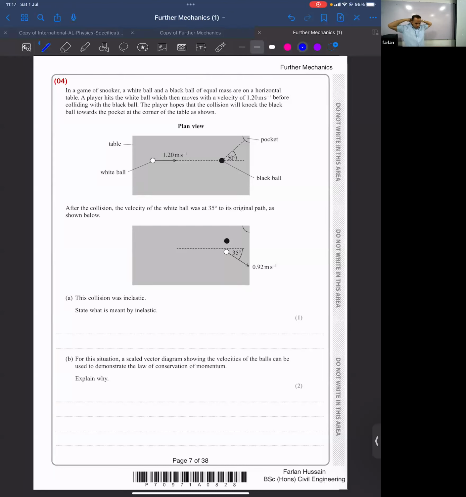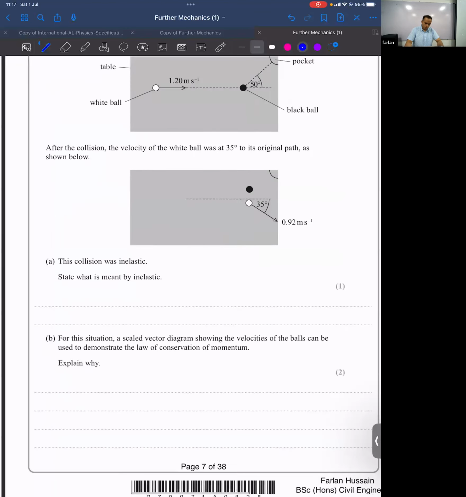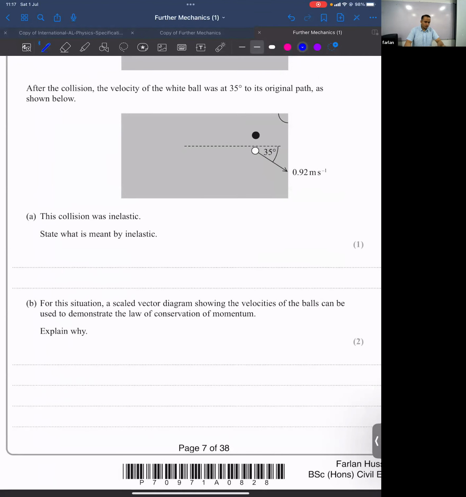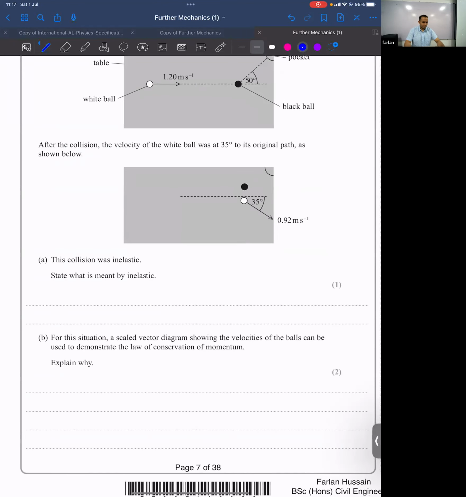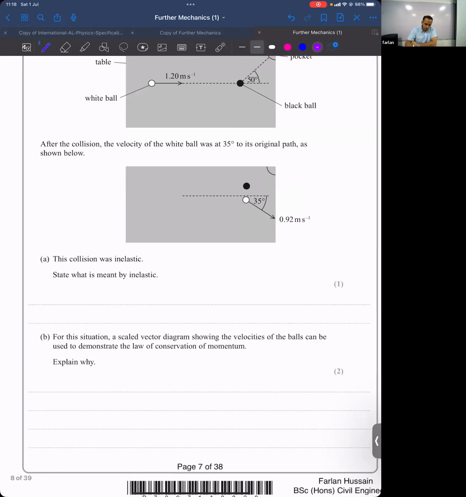For this situation, a scale vector diagram showing the velocities of the balls can be used to demonstrate the law of conservation of momentum. Listen carefully. Guys, to show the law of conservation of momentum, you should be able to draw a vector diagram showing the momentum.